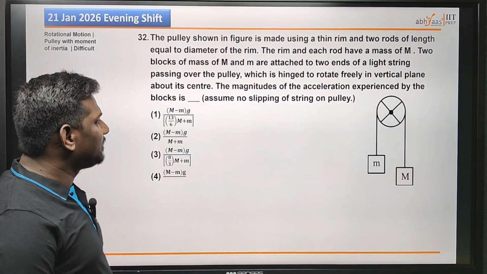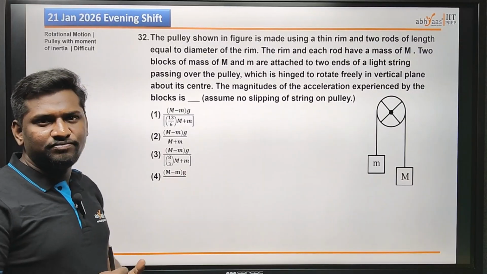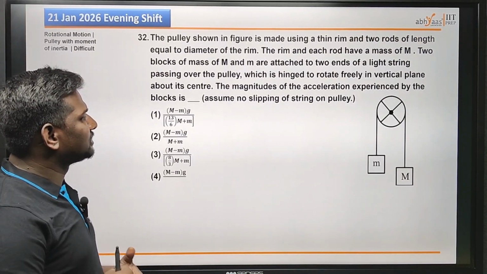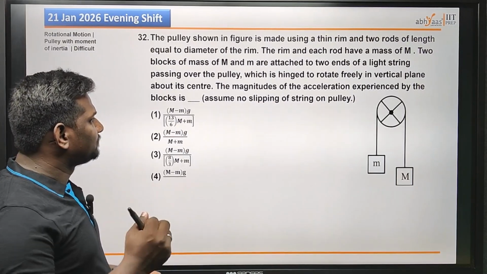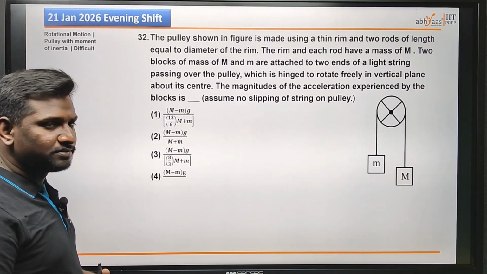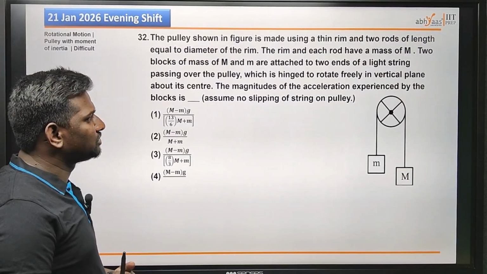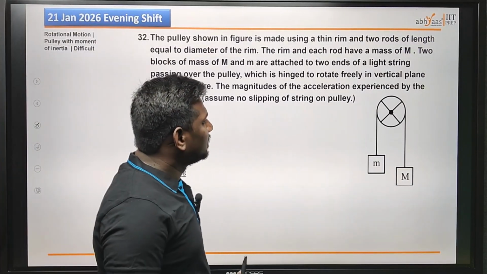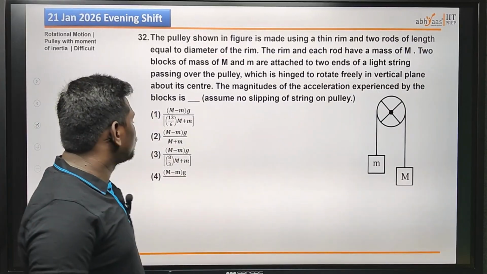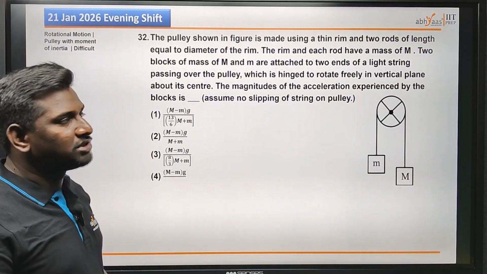So next one, see here. This is not very difficult as compared to the previous one. Observe very carefully. This is from the chapter rotational motion and it has a pulley problem. It is a mixing of rotational motion and the pulley concept.